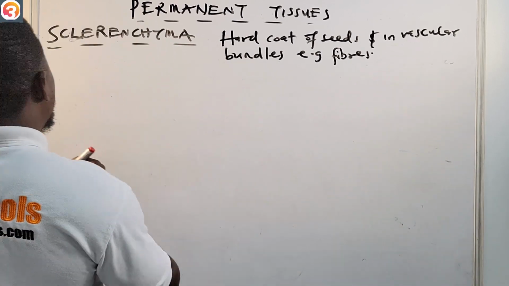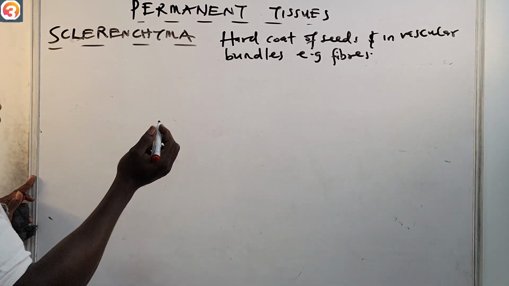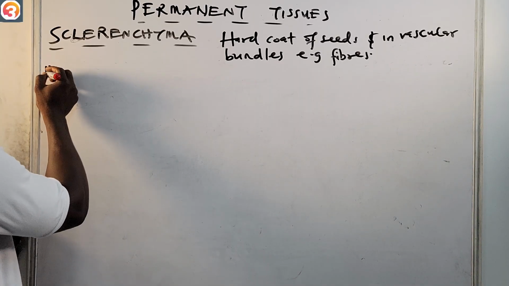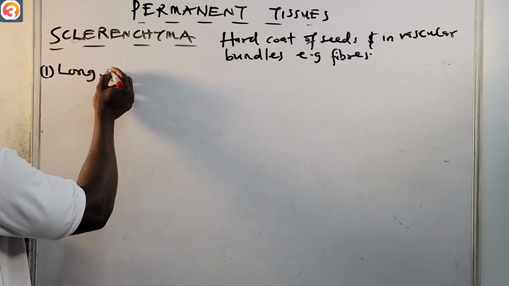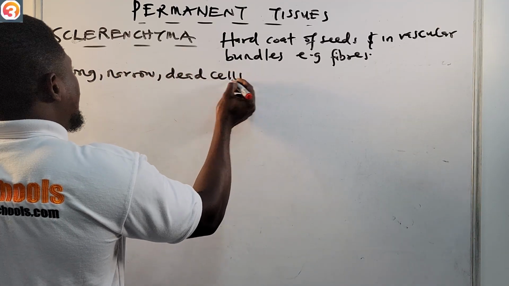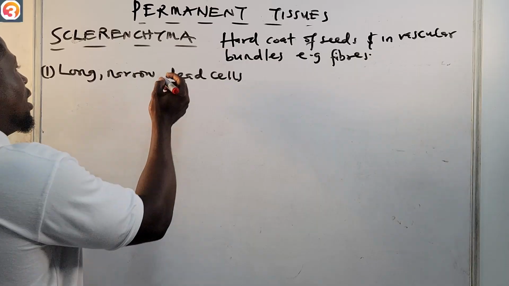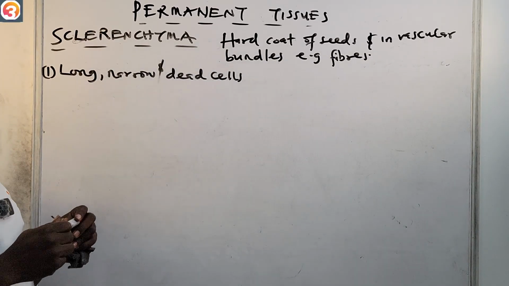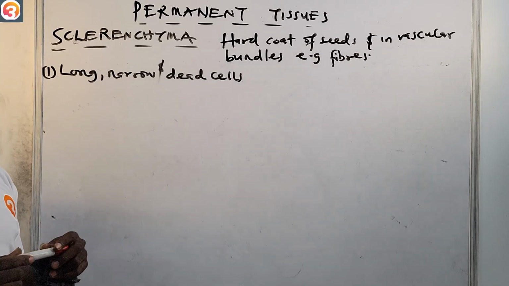Number one, they are long, narrow, and dead cells. This is the number one characteristic of Sclerenchyma: long, narrow, and dead cells.